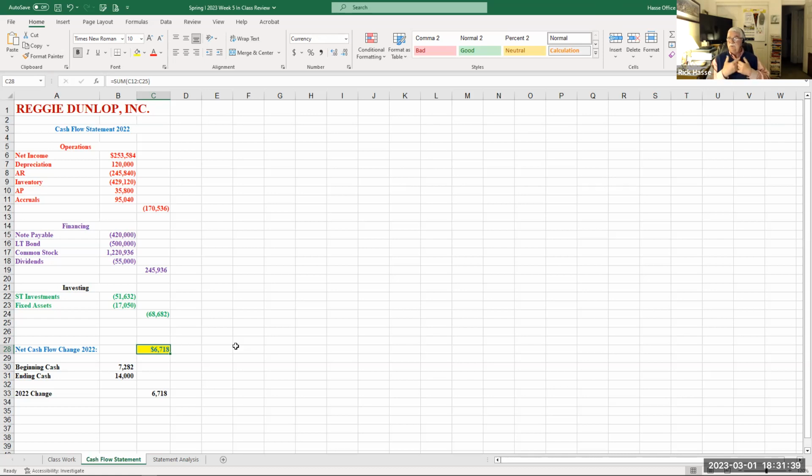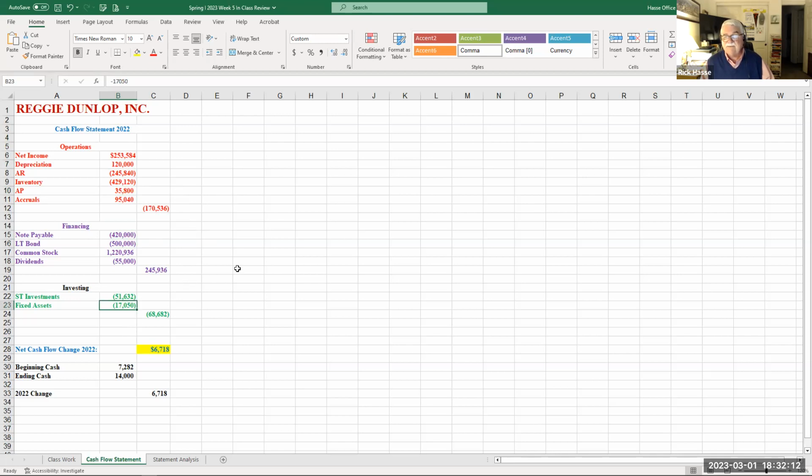Remember, I said there's two forms of cash: sources, money coming in; uses, money going out. And that's what this statement is showing us. Money coming in, net income; money going out, dividends; money coming in, depreciation; money going out, the payment of debt; money coming in, additional accounts payable borrowing; money going out, the purchase of fixed assets.